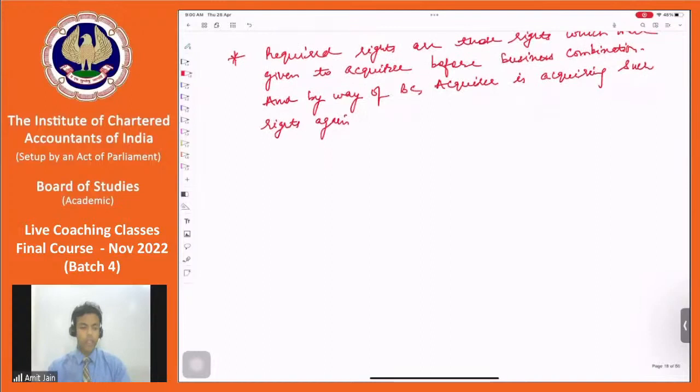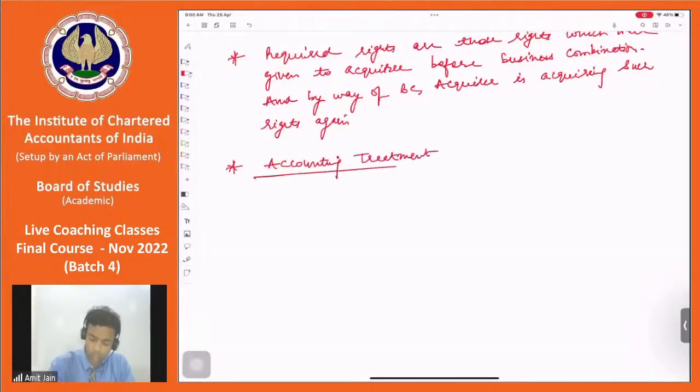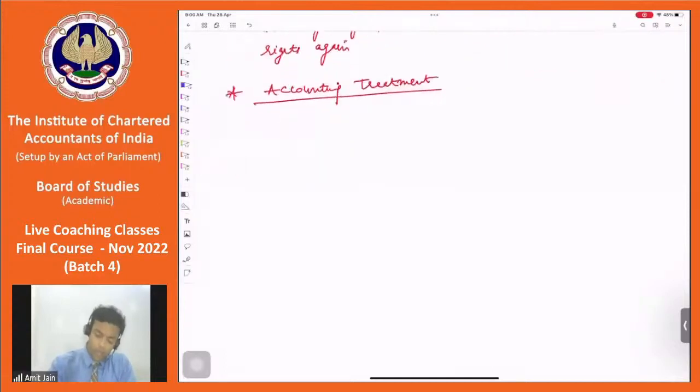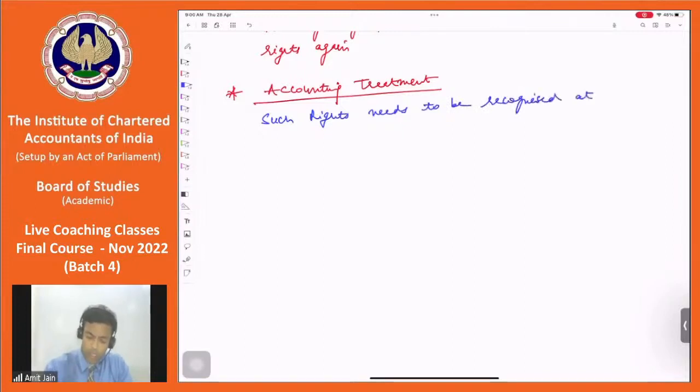Again, what is the accounting treatment? Such rights need to be recognized as intangible on the acquisition date.